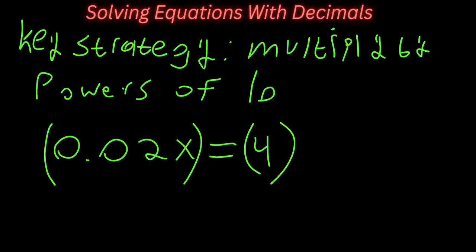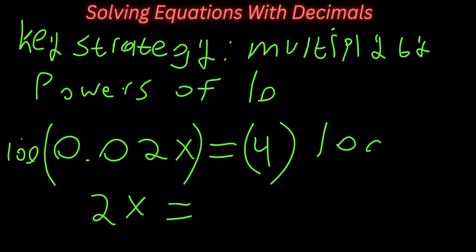What power of 10 do you need to use? Well, you need to use the second power of 10, or 100, to get this to equal 2x. And you multiply this side by 100, and this equals 400. So you see, decimals are quite simple when you use that key strategy.